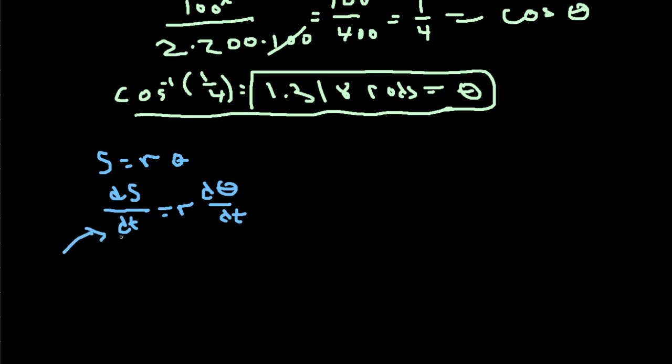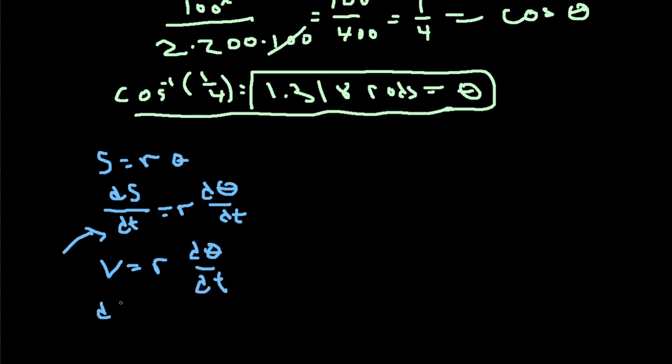And ds dt, the nice thing about this is that the rate of change around the circular track is constant. We know that this is going to be the velocity that the runner is running at. So we can replace ds dt with v, and that's equal to r d theta dt.